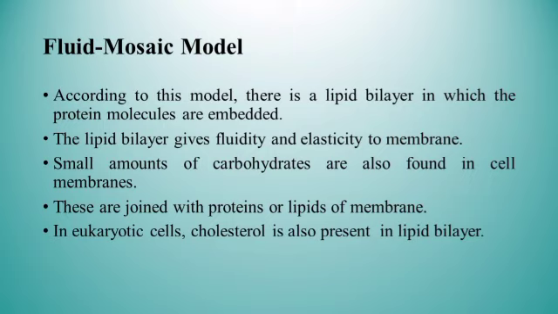And we can see that in eukaryotic cell, cholesterol is also present in lipid bilayer, and all the organelles, that is mitochondria, Golgi apparatus, endoplasmic reticulum and nucleus, they are all bounded with the help of cell membrane.